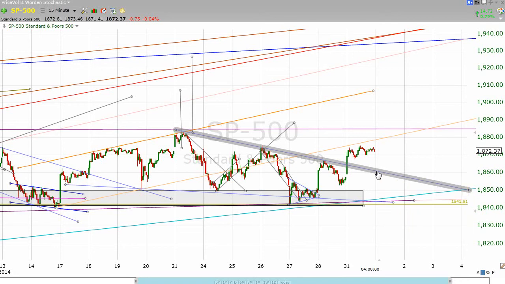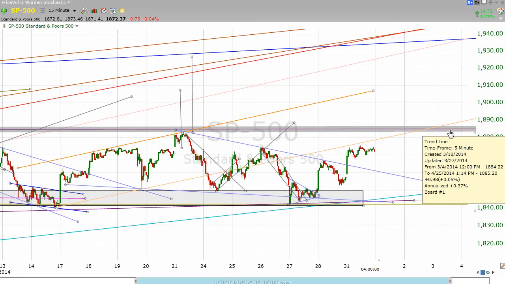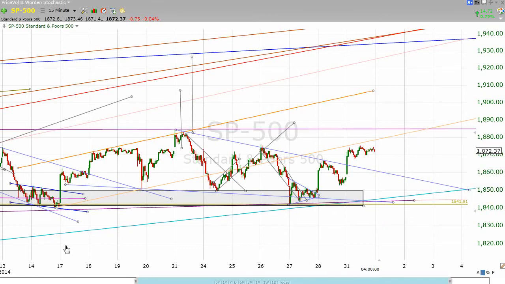Not at all. Now, an eventual target, however, I think we likely will at least get up to retest this 1883 line. And the reason I say it is the depth of this little channel. Again, I'd have to draw another line, and I don't want to booger up the chart, but we'll do it.